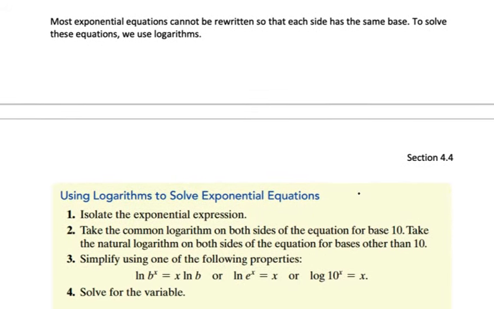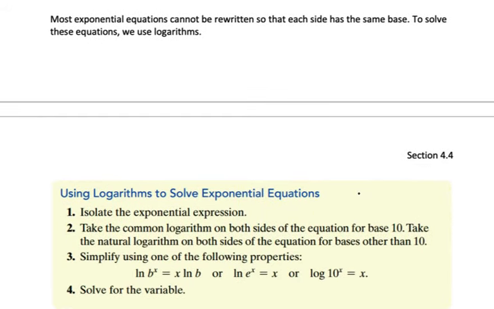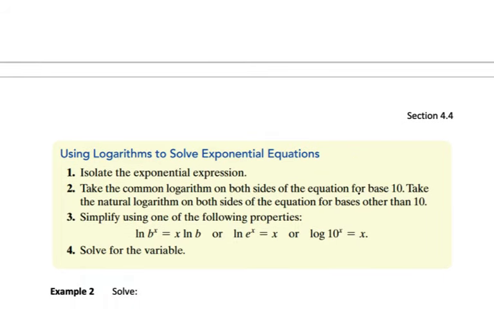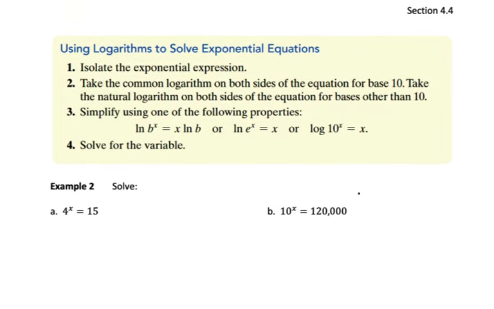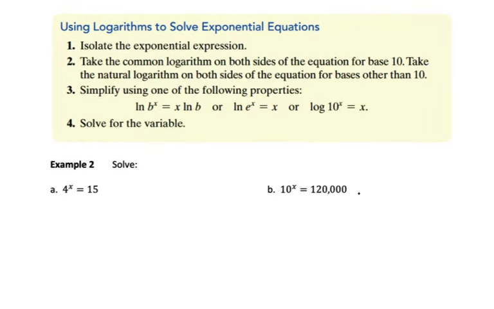Now, this method would only work if the exponential equation can be rewritten so that each side has the same base. That won't always be the case. So if we can't rewrite it so that each side has the same base, then we use logarithms to solve, and this is the process. First, we get the exponential expression by itself if it isn't already.